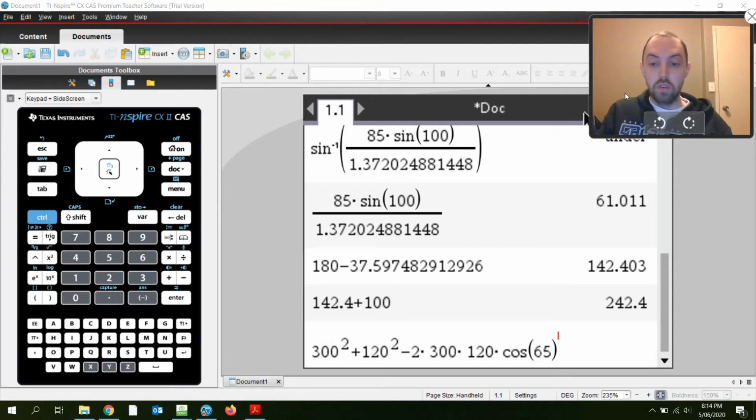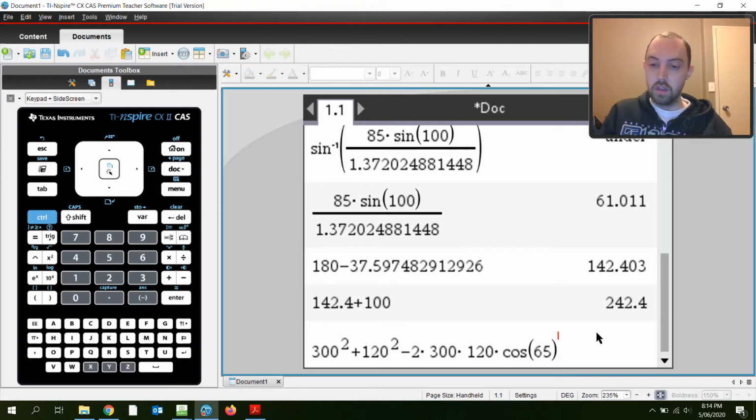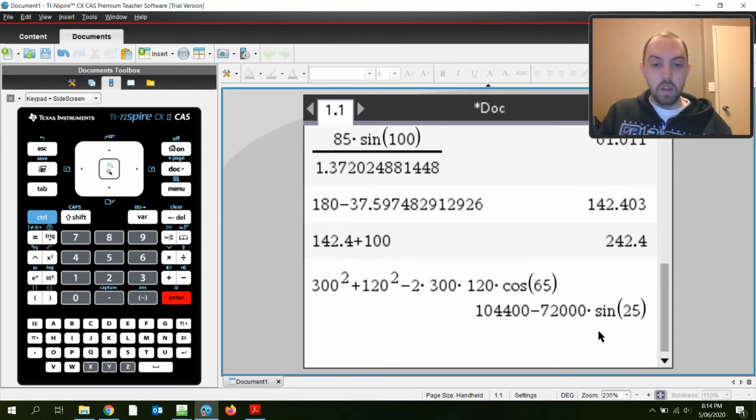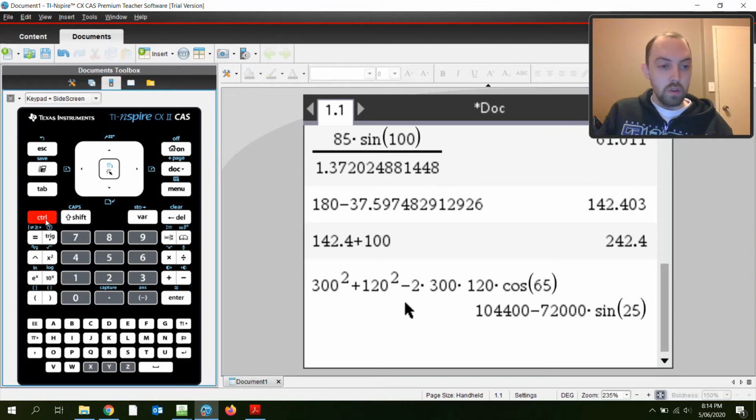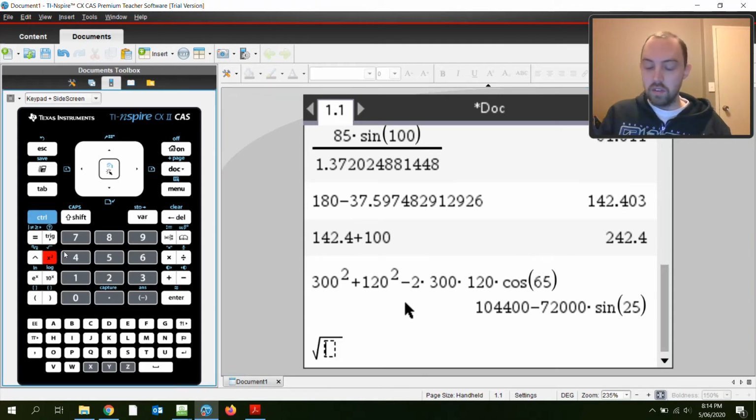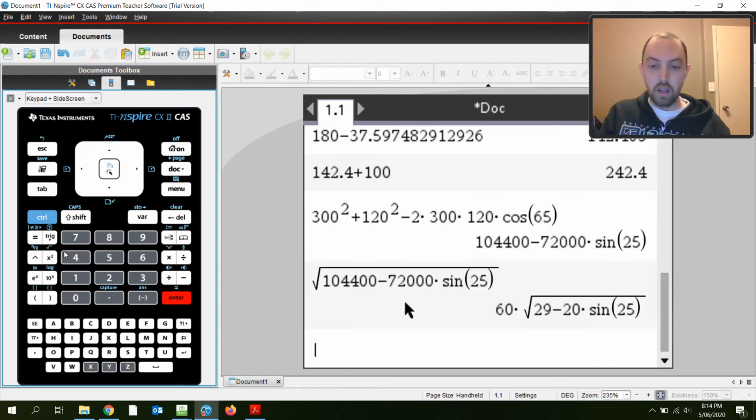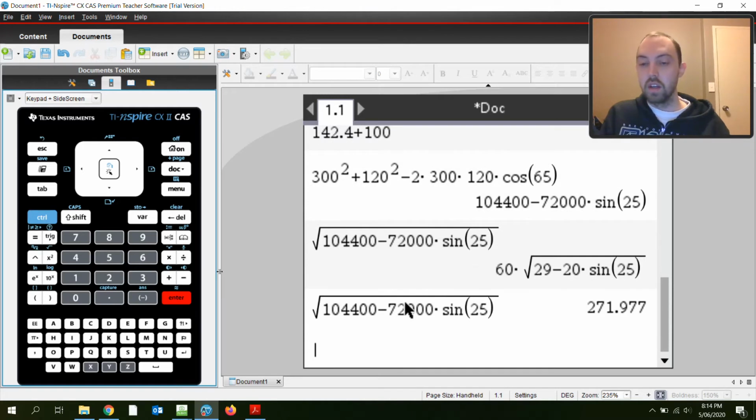And then I want to take the square root of that. I can click up and highlight the whole thing. Enter. Now I do want it as a decimal.